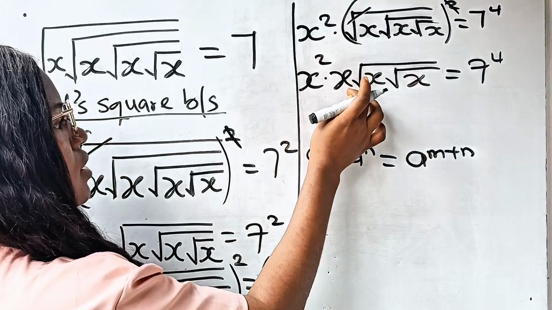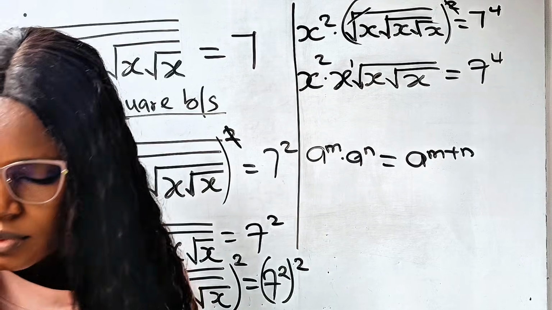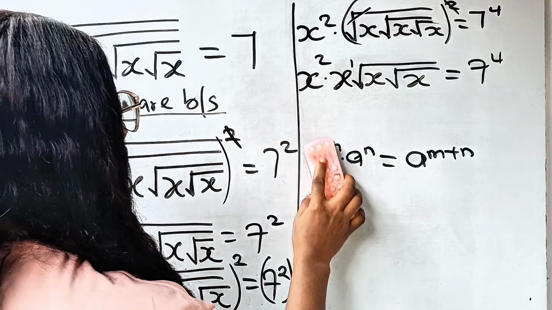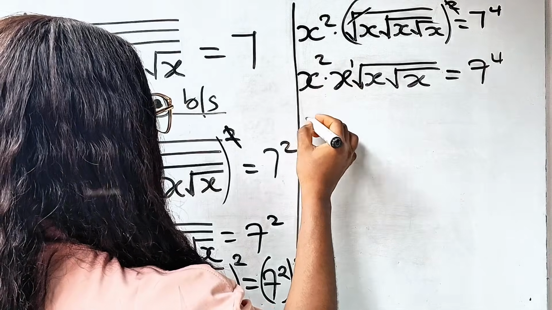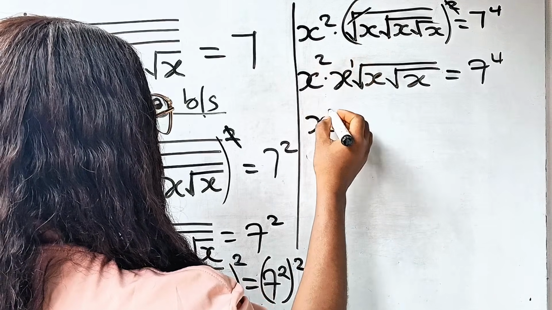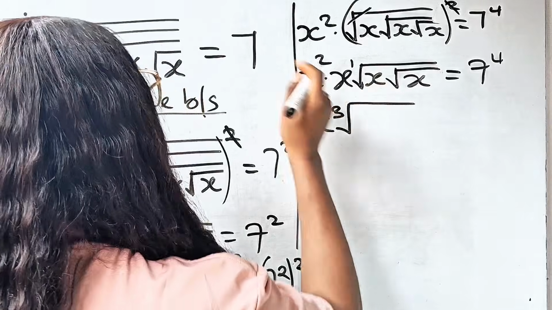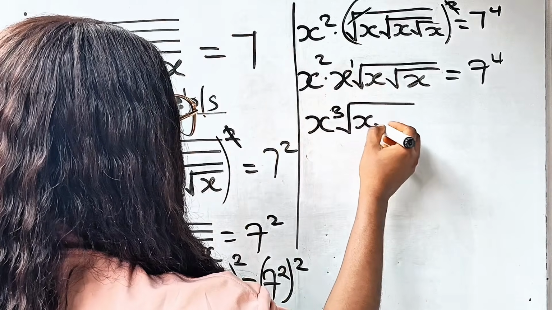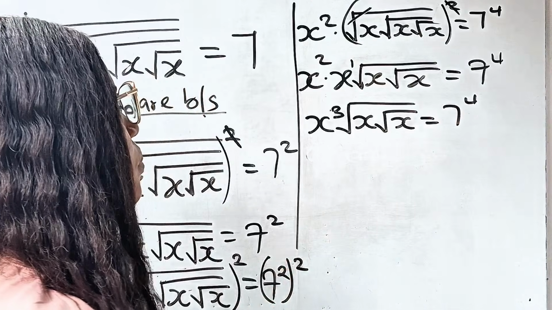So this is x squared, this is x, which is the same thing as x to the power of 1. Therefore we can write this as x to the power of 2 plus 1, which is 3. Then root x root x is equal to 7 to the power of 4.